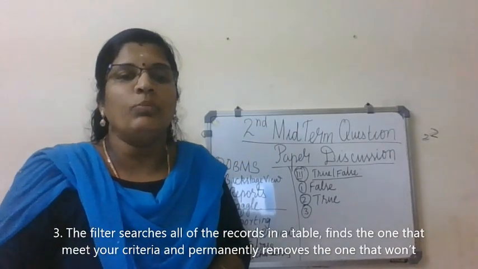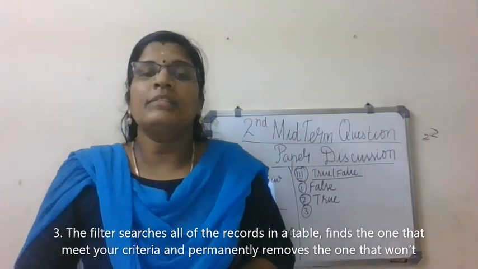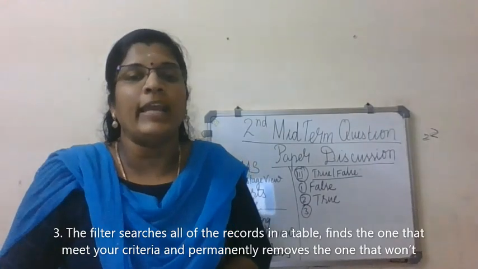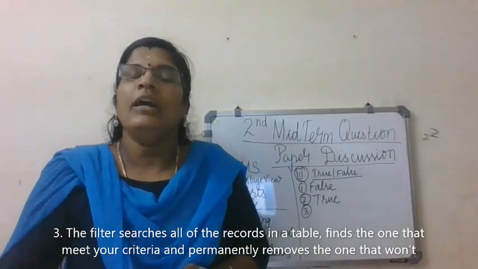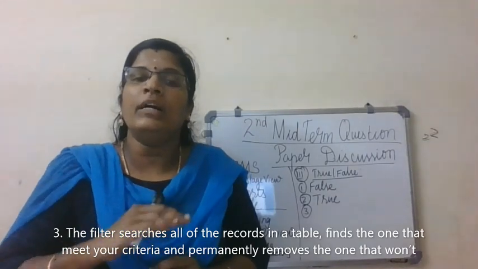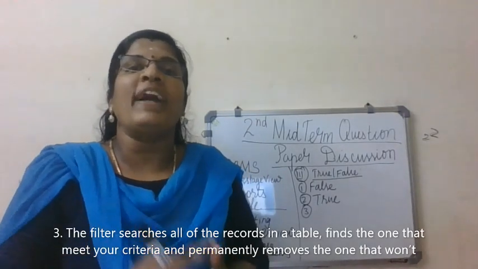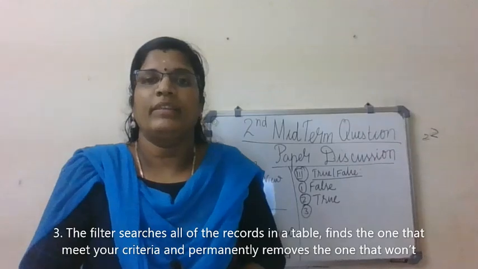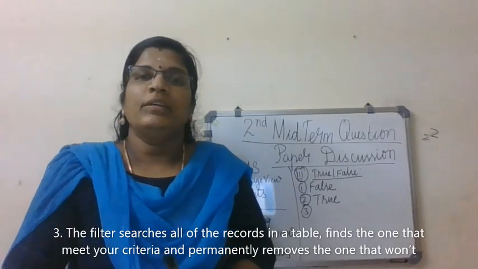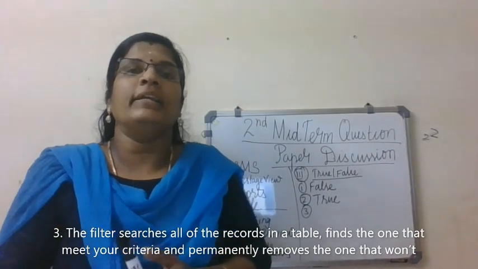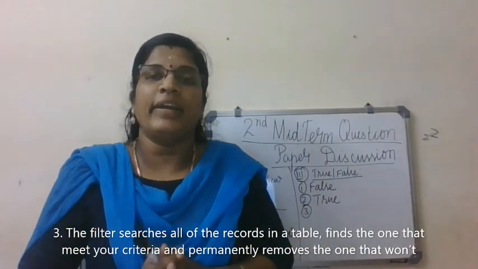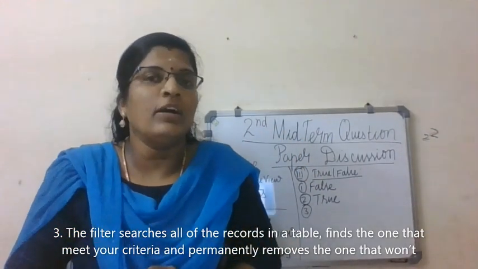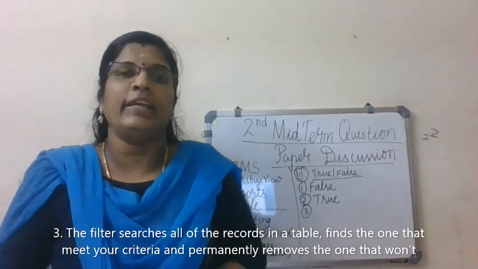The third one: the filter searches all the records in a table, finds the ones which meet the criteria, and permanently removes the remaining ones. Is that true? Say you have 10 records and you filter the data for those who have scored above 80%.